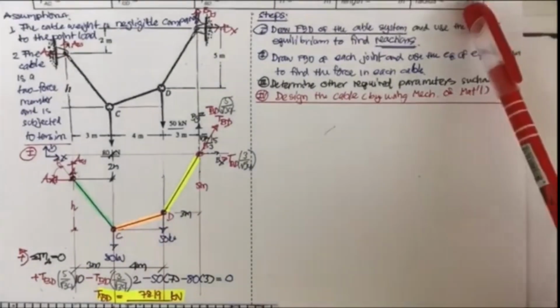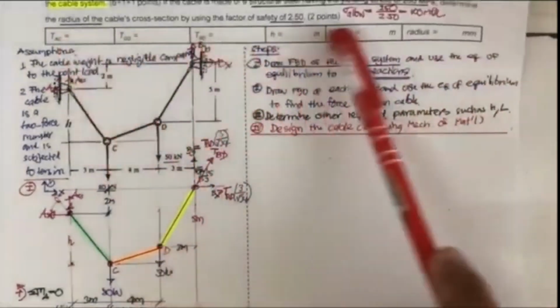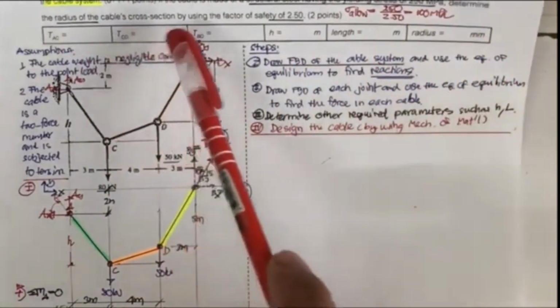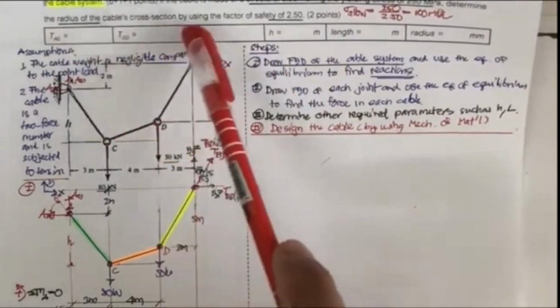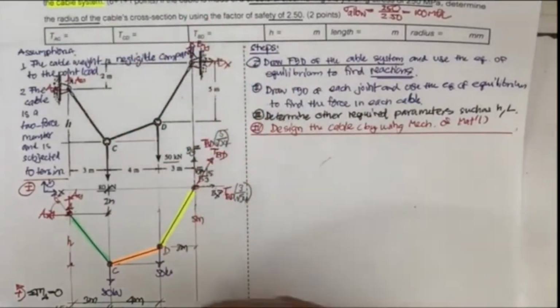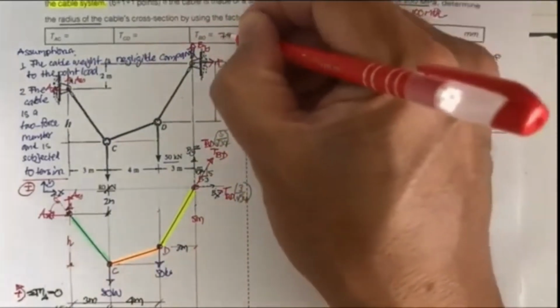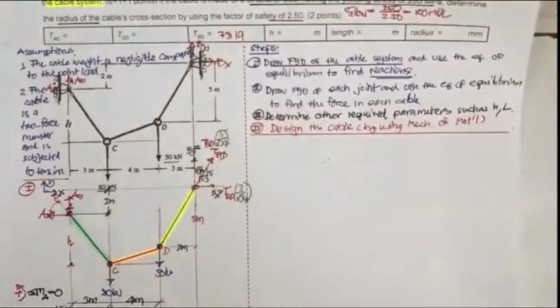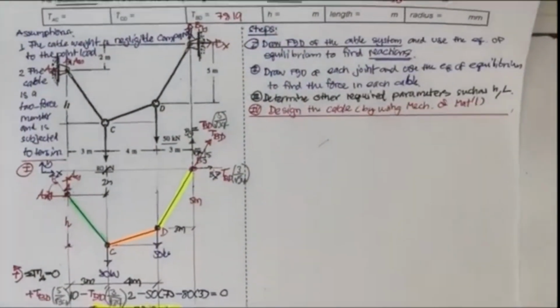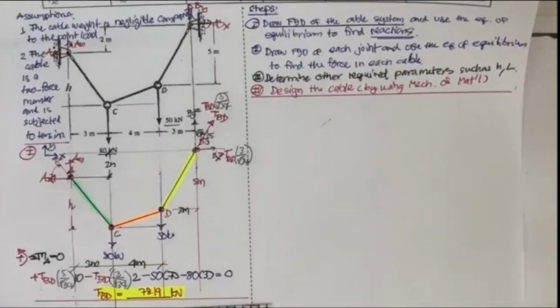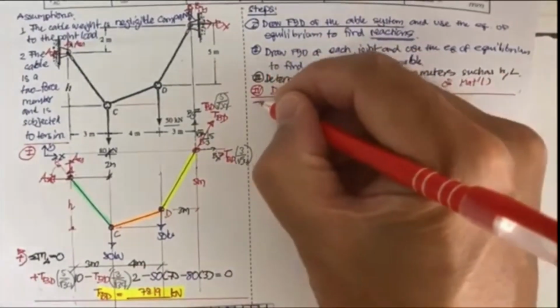But since the problem didn't have any slot to put A sub x, A sub y, B sub x, and B sub y in, they only require us to determine the force in each cable. So now we get the force in cable BD of 78.19. Just put it here. Then we have 2 more cables to determine, and then we go to step 2.